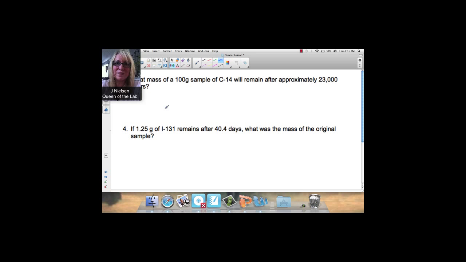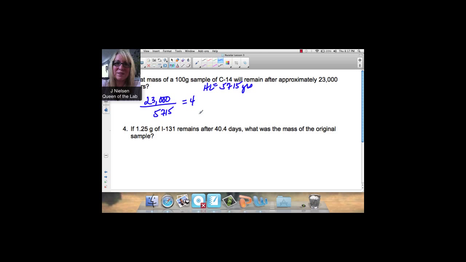What mass of a 100-gram sample of carbon-14 will remain approximately after 23,000 years? First thing I want to do is find out, does C-14 have a decay mode? And it absolutely does. It's 5715 years. So I have a half-life equal to 5715 years, and I know the total time. So the first thing I want to do is try to figure out how many half-lives took place. So 23,000 divided by 5715 years gives me approximately 4 half-lives. You always want to round to a whole number.